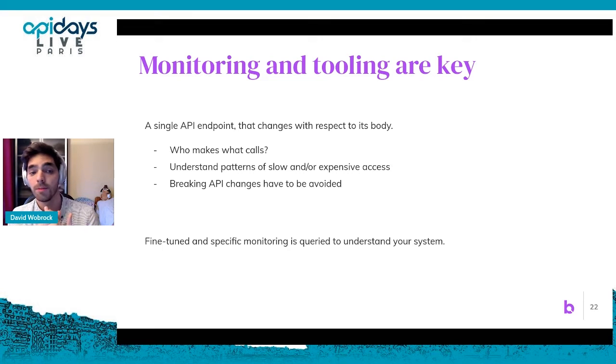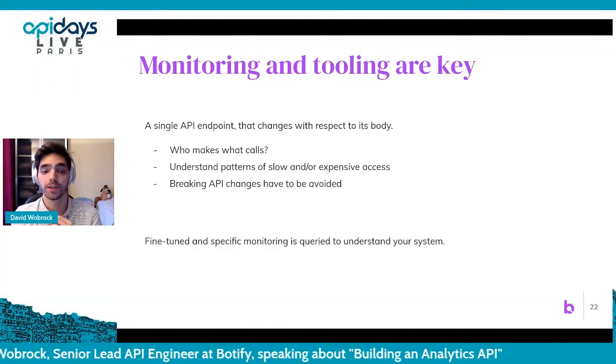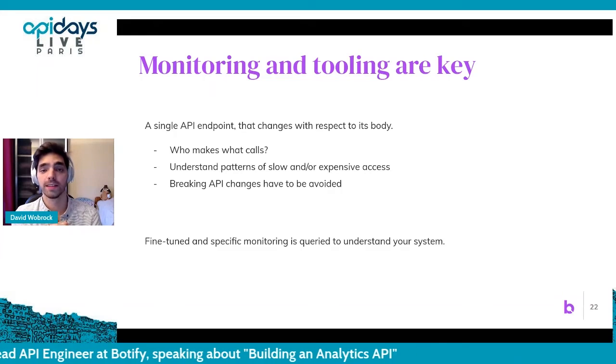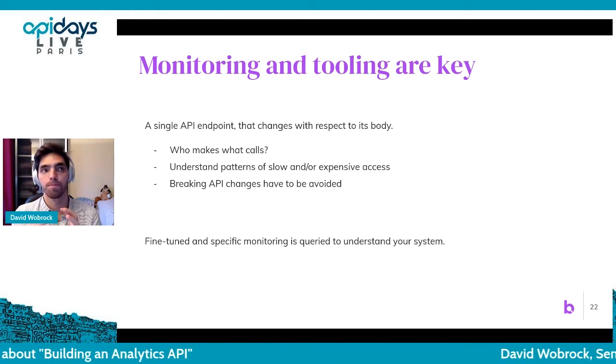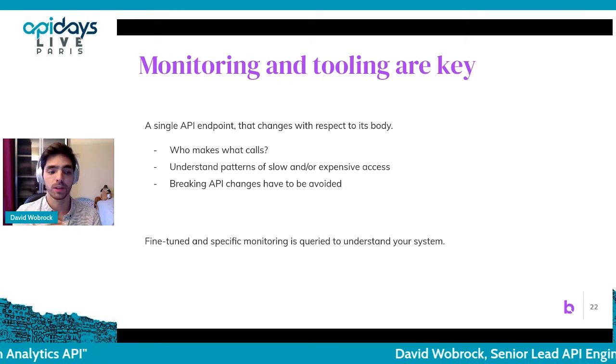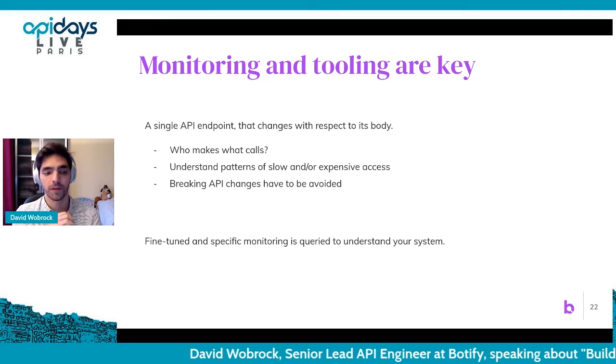Another challenge is obviously monitoring and tooling here. For the interactive API part, the only thing that will change when doing a request is the body of the query. It's always the same endpoint, so it's very important to know who is making what calls on these types of API.